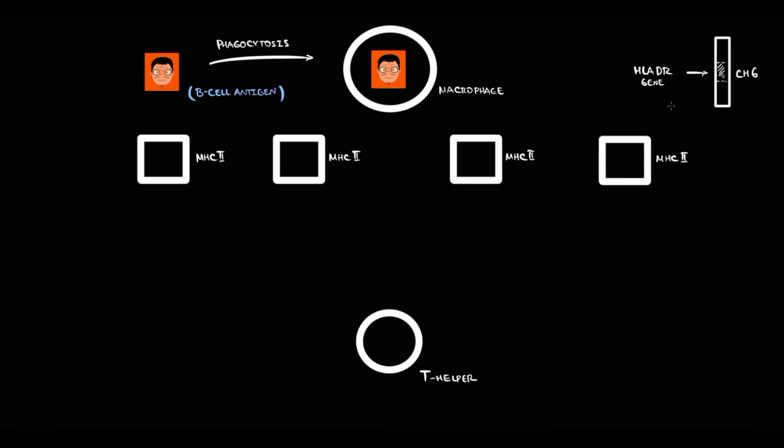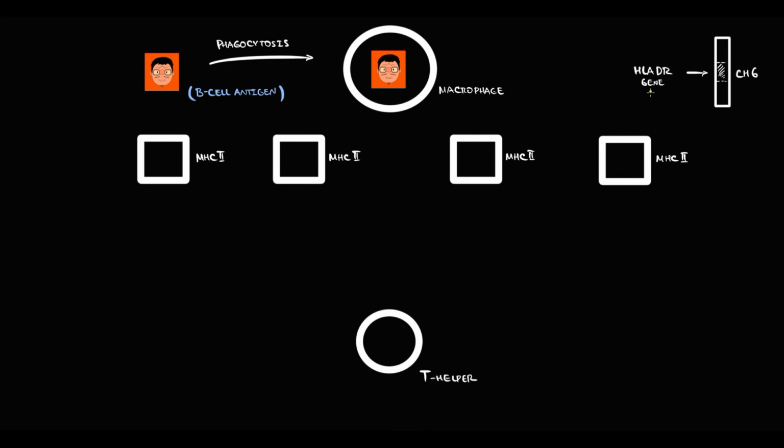So in the case of diabetes type 1, we all have a gene that encodes the MHC2 receptor. We call this gene the HLA-DR gene, but this gene can be different, and different variations of the HLA-DR gene we call HLA-DR alleles.